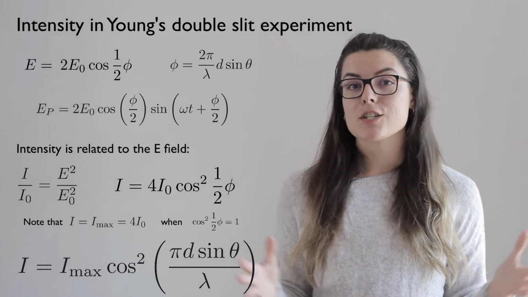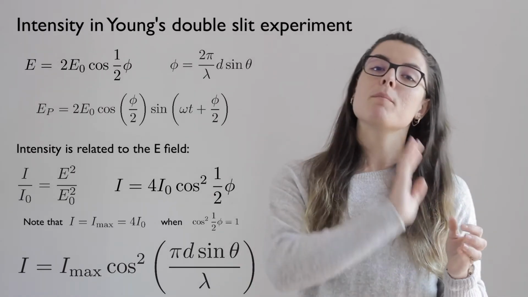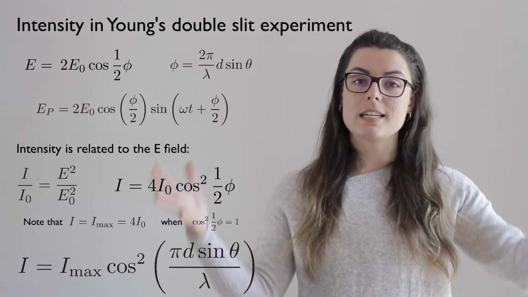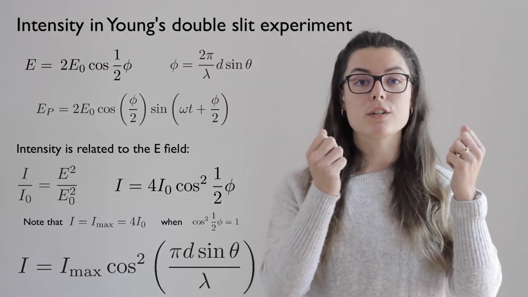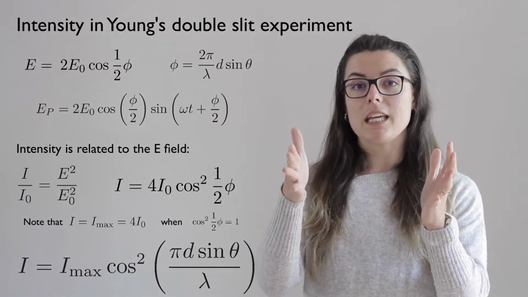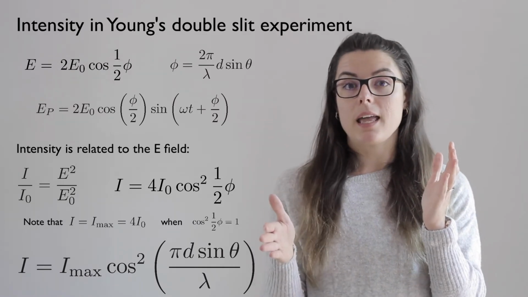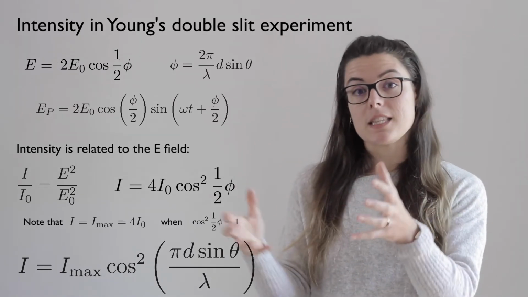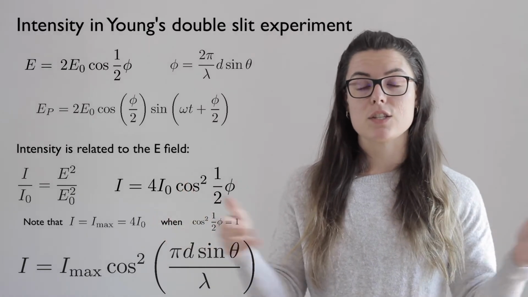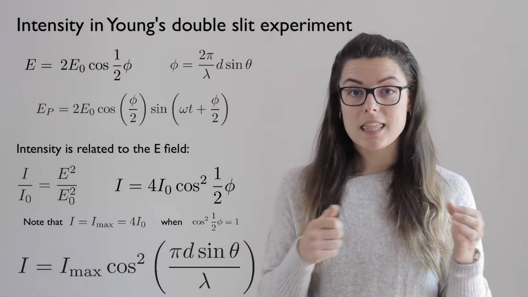So we can actually approximate our sine theta from before. Remember how we had our entire setup and we could say that theta is roughly equal to y divided by capital D, with D being the distance from the slits to the screen.